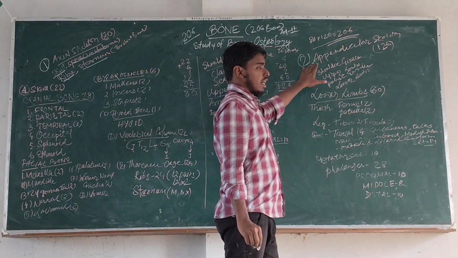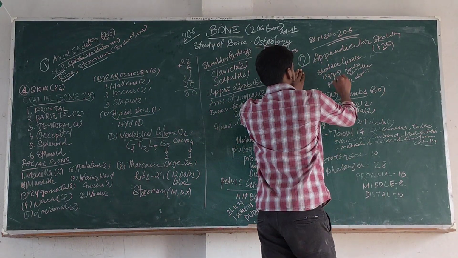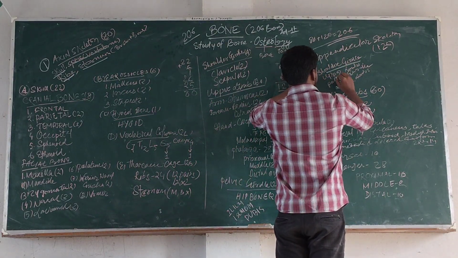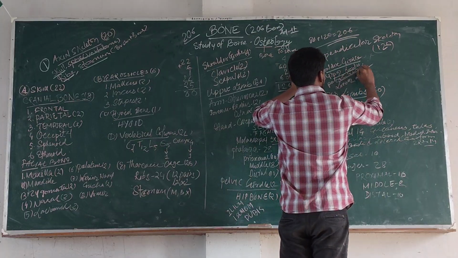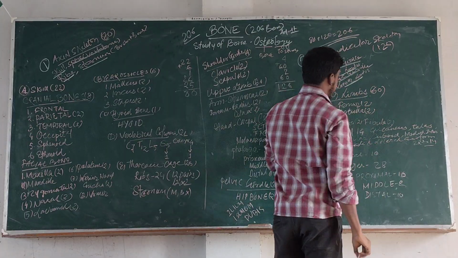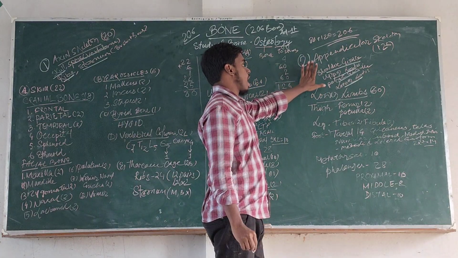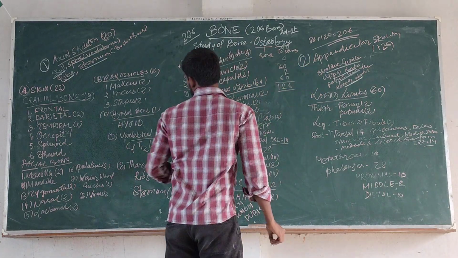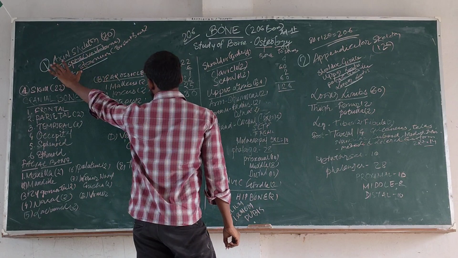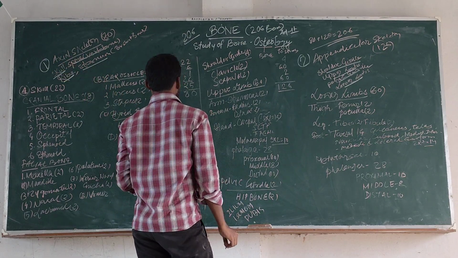And in the appendicular skeleton, the shoulder girdle, the upper limb, the pelvic girdle, and the lower limb. These 4 types of bone constitute the appendicular skeleton.